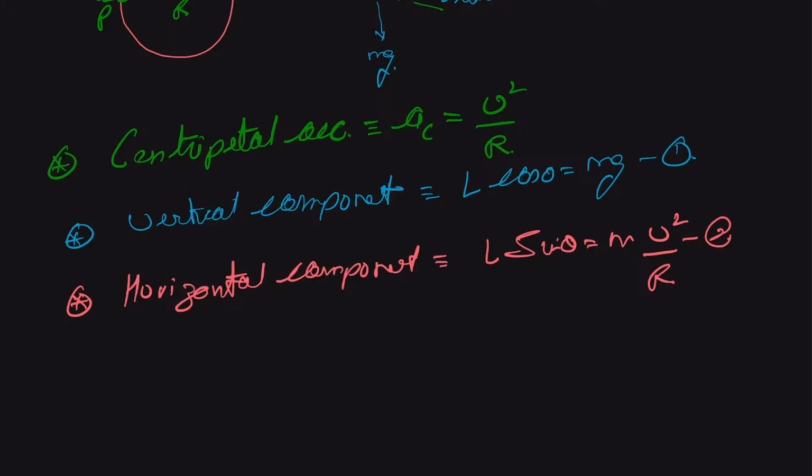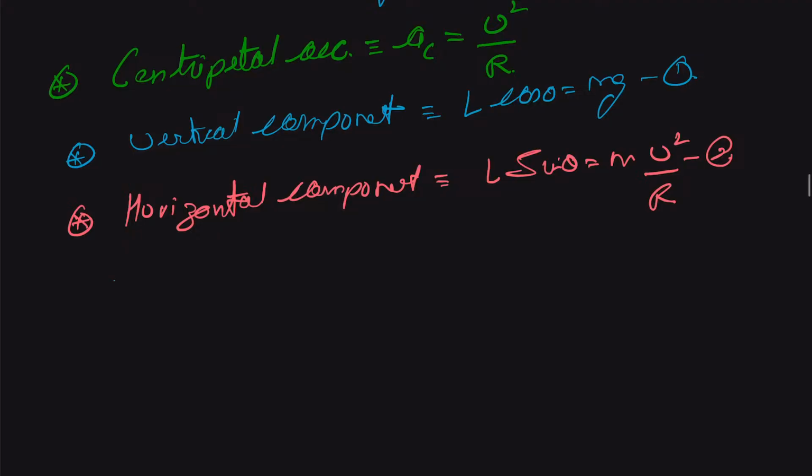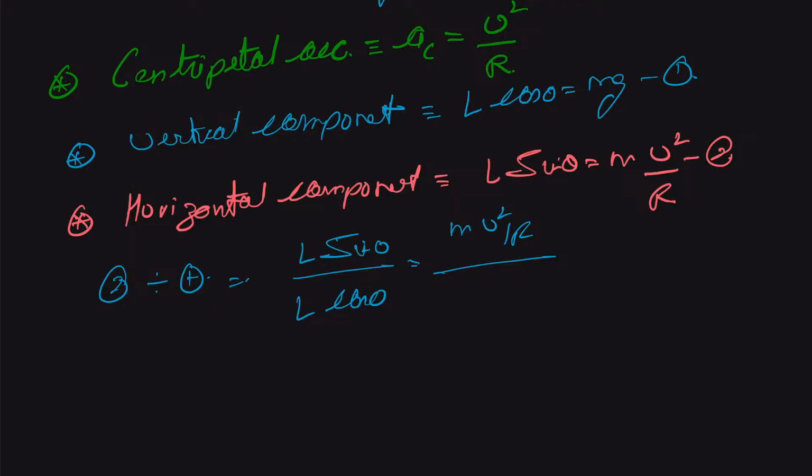Or simply we divide them and write equation 2 divided by equation 1. So we get L sine theta over L cos theta equals m v squared upon r over mg. m and m, L and L cancel out.